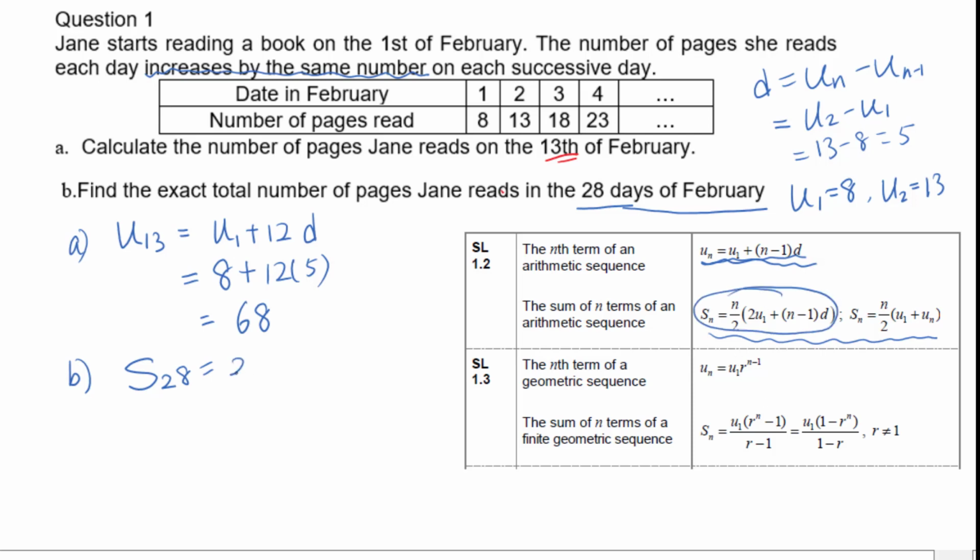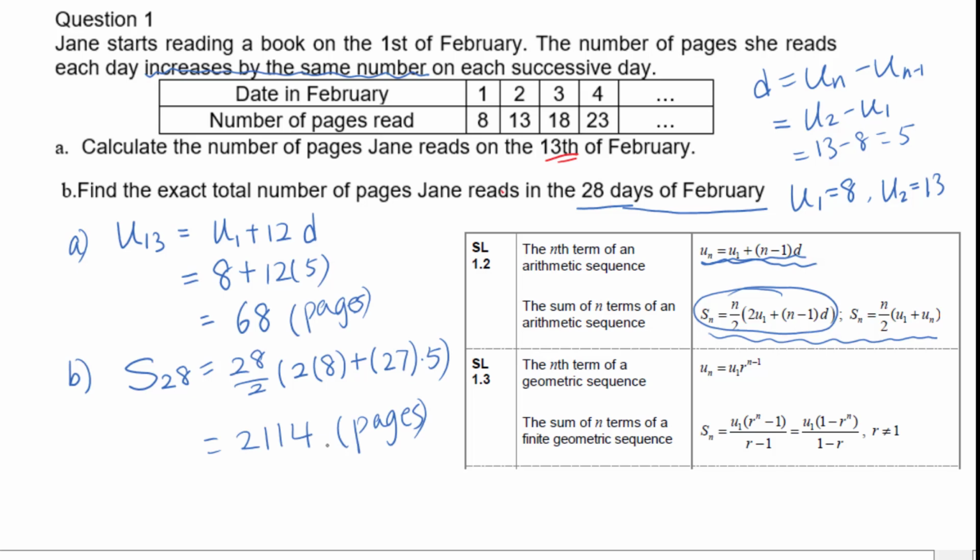That equals 28 over 2, then 2 times U sub 1, which is 8, then plus 28 minus 1, which is 27, times D, which is 5. So Jean read 2,114 pages in the 28 days of February.